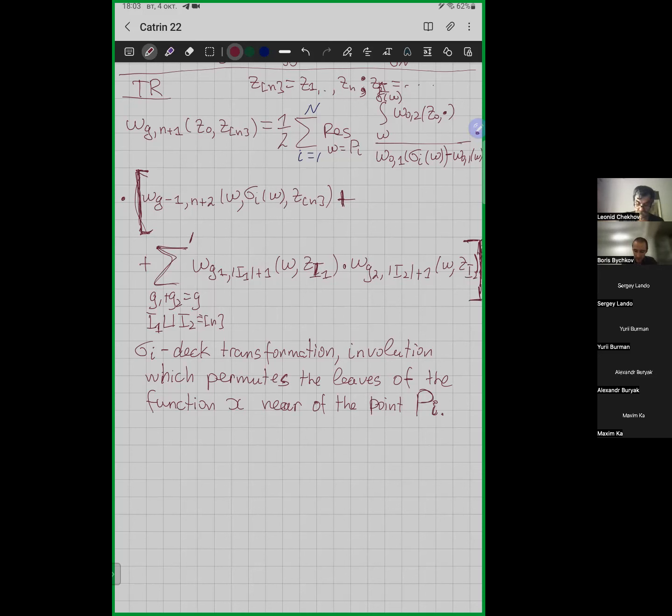And so this huge formula means that in the brackets is the recursion part.